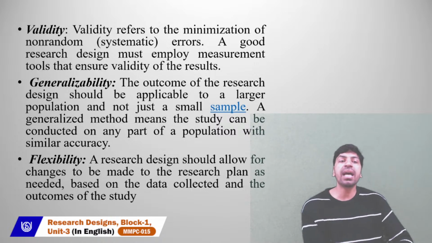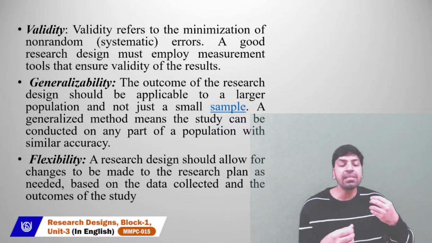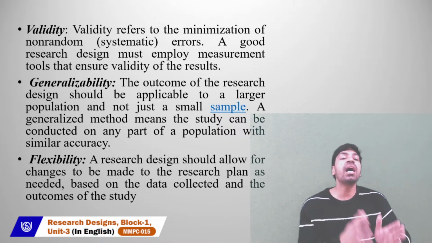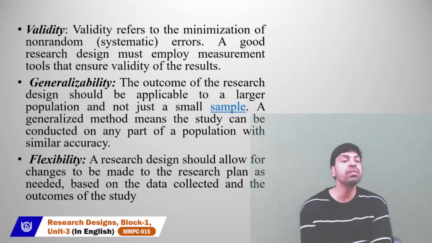Next one is generalizability. The outcome of the research design should be applicable to a larger population and sample size, and it will not apply especially to small samples, because generalized results come from a larger sample rather than small samples.